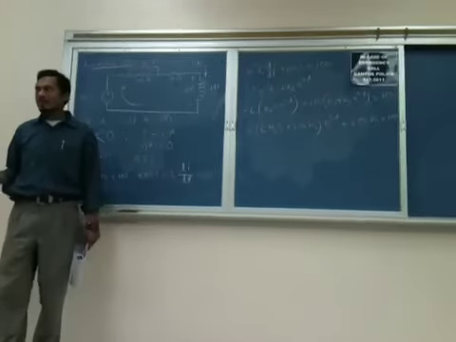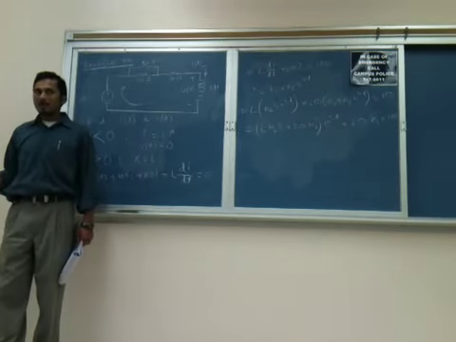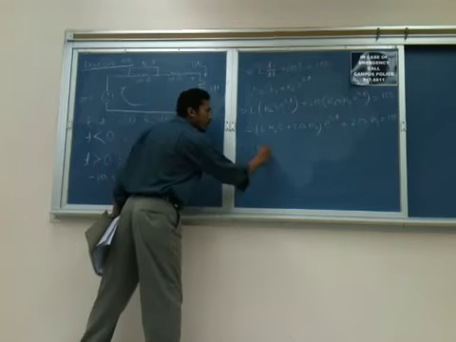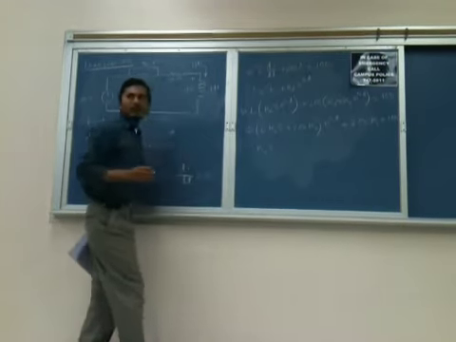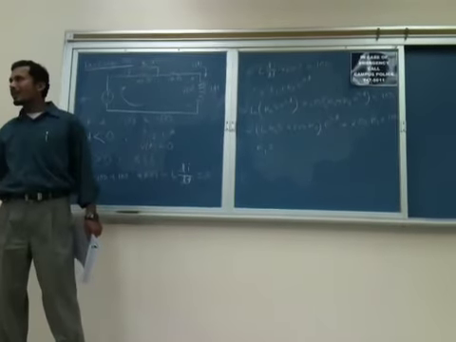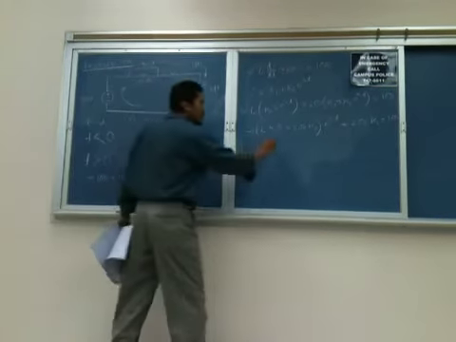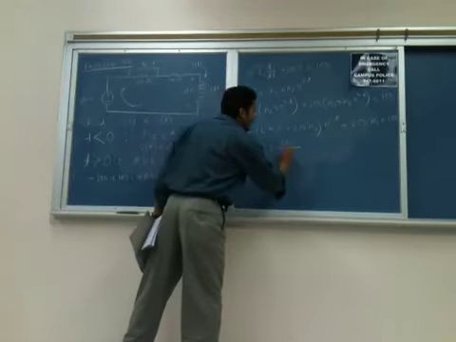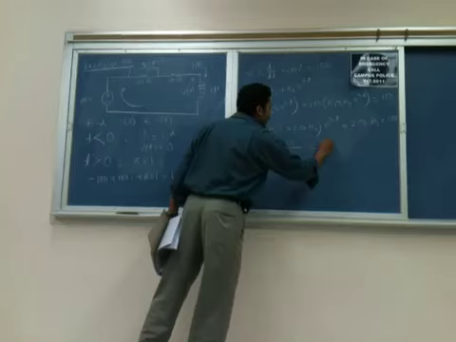Then solve for K1. What is K1 then? K1 will be 100 over 200, so it's going to be 0.5.